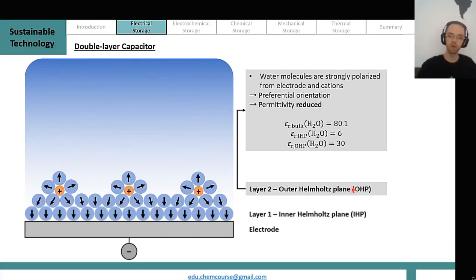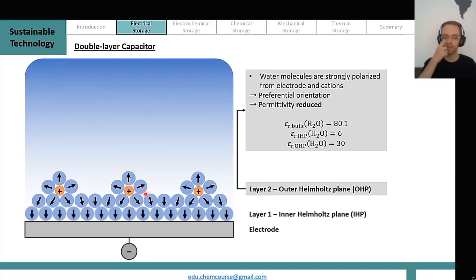If we now go out one layer, we're in this outer Helmholtz plane. So here water molecules are still strongly polarized from the electrodes, but they are also polarized from cations, so from positively charged ions. Water still has a preferential orientation, which is now given on the one hand due to the negatively charged electrode down here, but also due to the positive charge here.